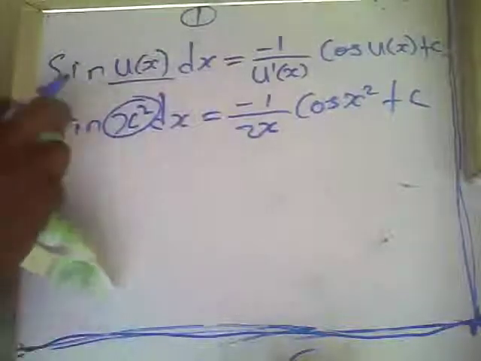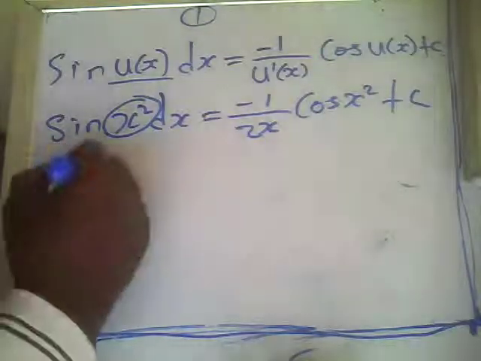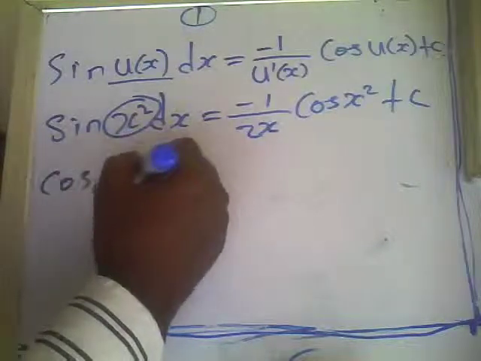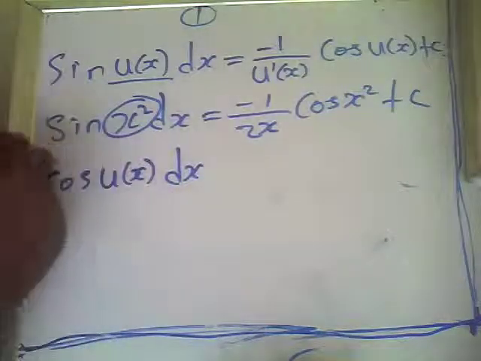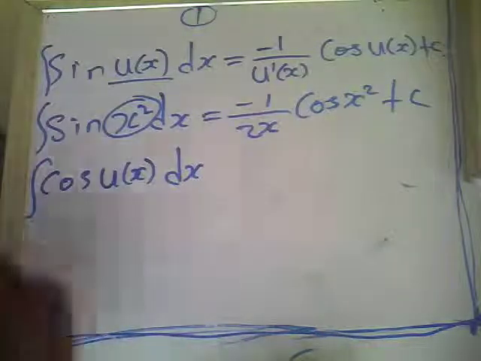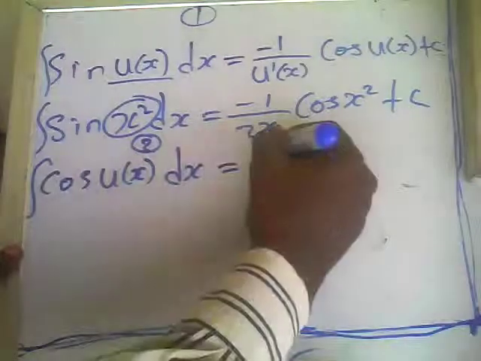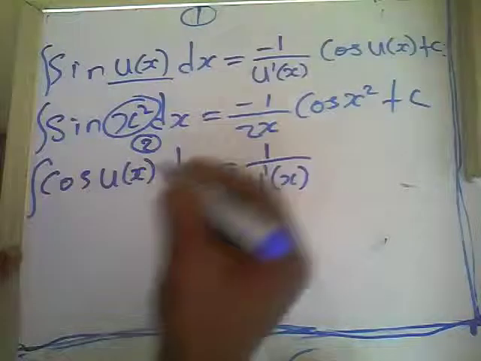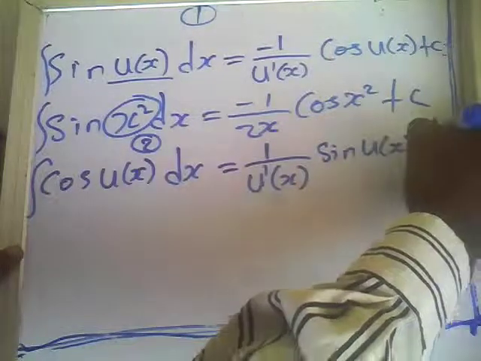Now, similarly, when we have cos u of x dx to be integrated, what are we going to have? This is number two. We have 1 over u prime of x, then sine u of x plus c.